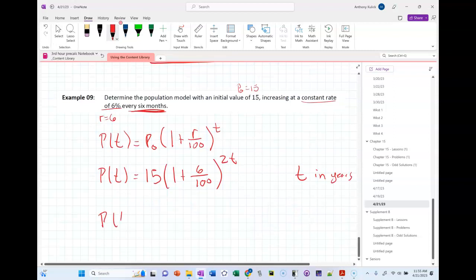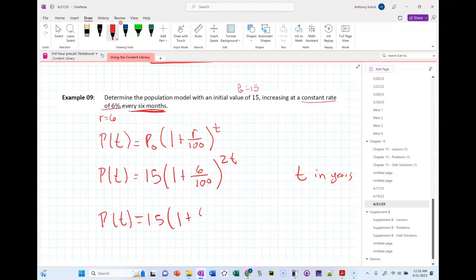If we had written this in months, that would be the other obvious option. How many times does 6 months occur in 1 month? Well, 1/6, right? So this would just be like T over 6, because there's 1/6 of a 6 month period in a month.